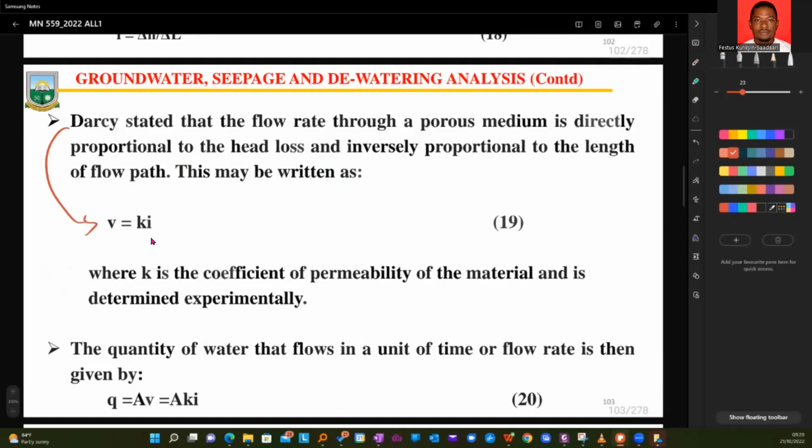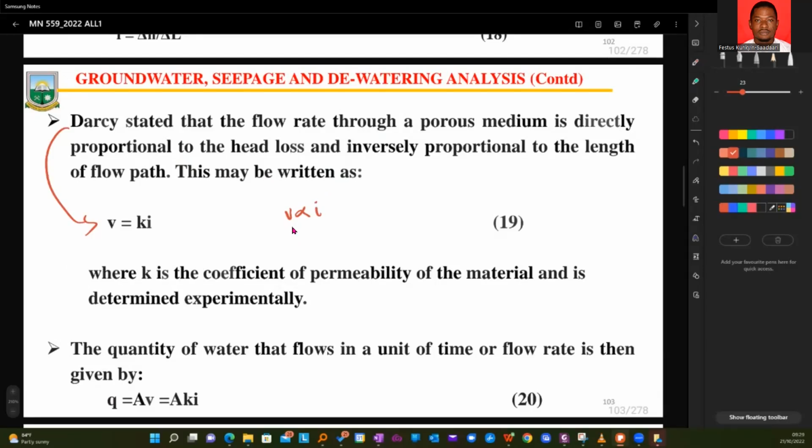We are saying that to know that material's ability to permit the flow of water through it, the velocity with which the fluid is traveling is also directly proportional to the gradient, which we have discussed already.